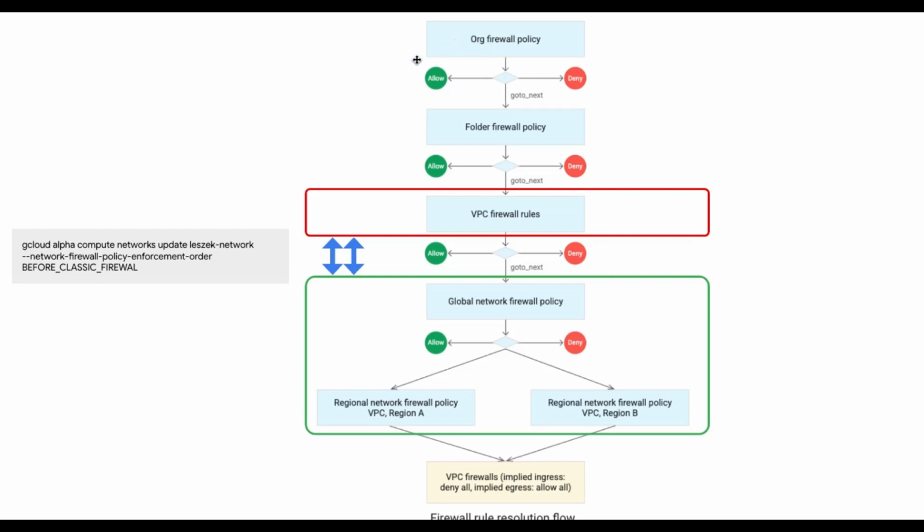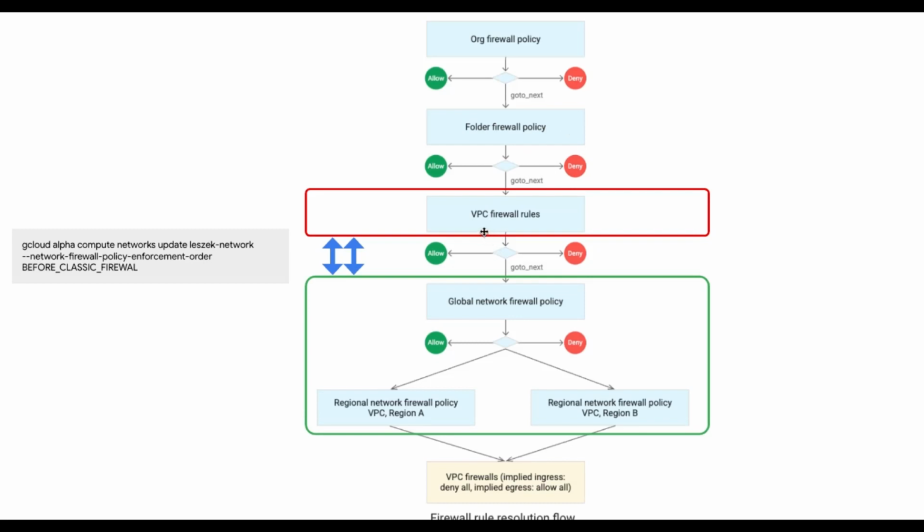Meaning that if the traffic is either allowed or blocked on one of the levels, Google Cloud doesn't check the further configuration. It just allows or denies the traffic. Only if the traffic is hitting the go to next rule that you can explicitly configure on org firewall policies or folder firewall policies, then it's going to go to the next level.